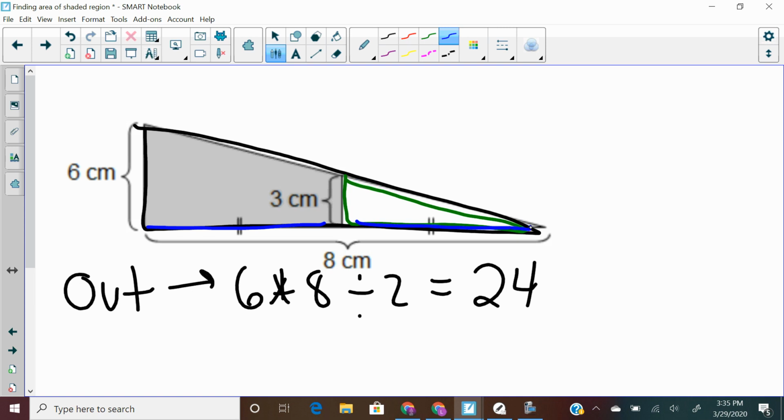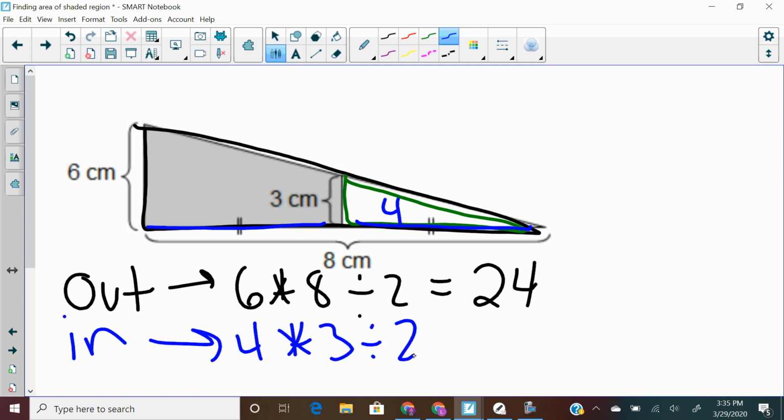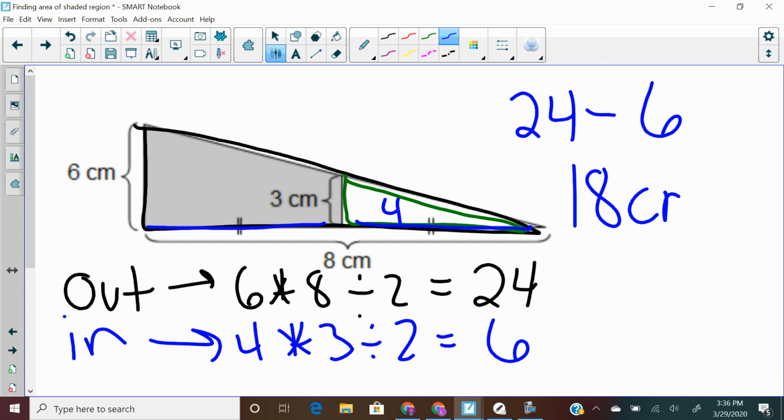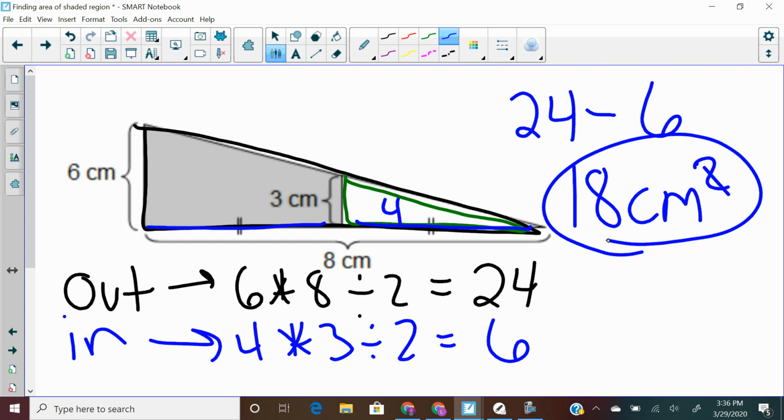The whole thing is 8, so it's actually 4. So to do the inside, I'm going to do 4 times 3 divided by 2, which is 6. Then to find the shaded part, I do 24 minus 6, which is 18. So it's 18 centimeters squared. And that's what those little dash marks mean. They mean that they're equal to each other.